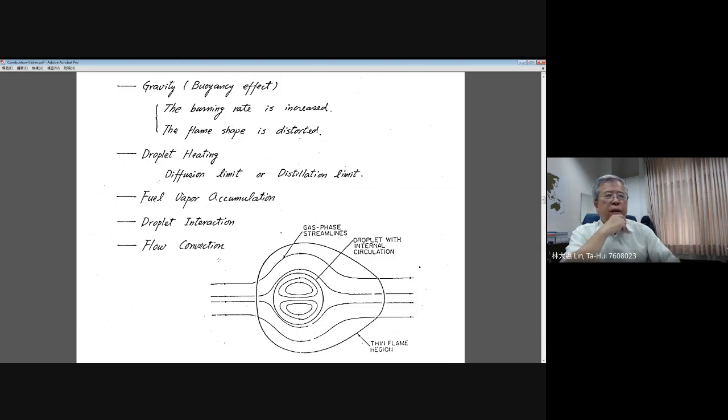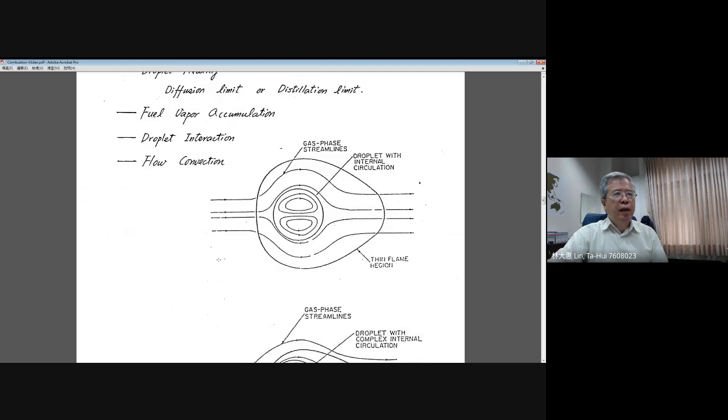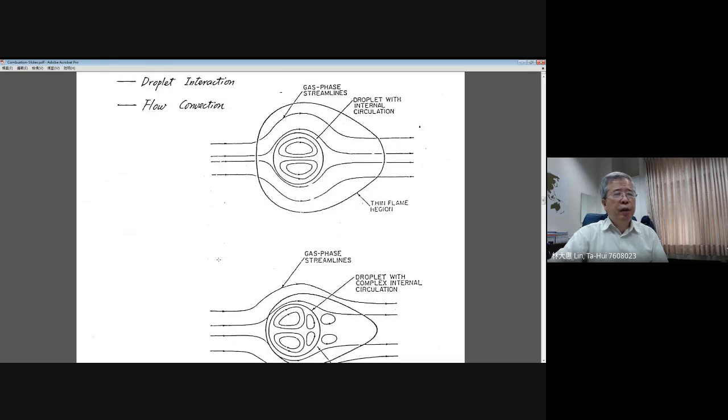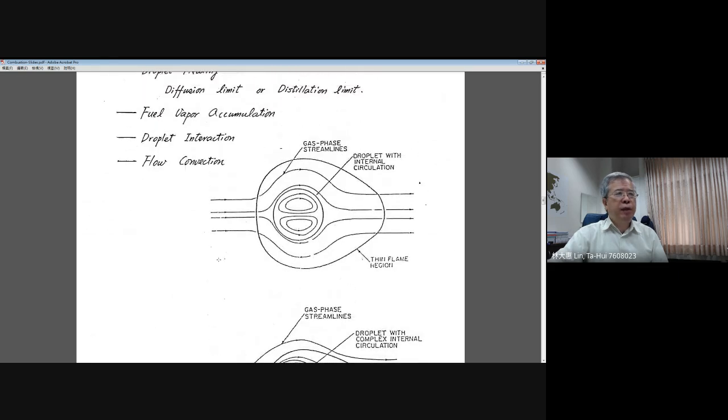So many papers have been published on droplet interactions, and also on flow convection. Flow convection is a very important factor, even for single droplet combustion. Now I want to stop here. Maybe next time I will give you more understanding, especially of the influence of flow convection on droplet burning.